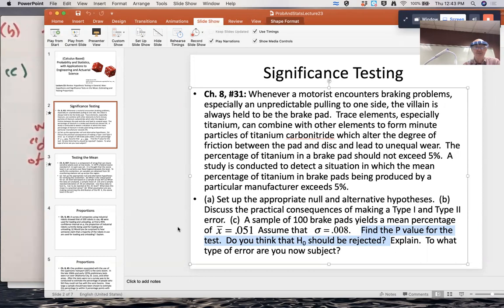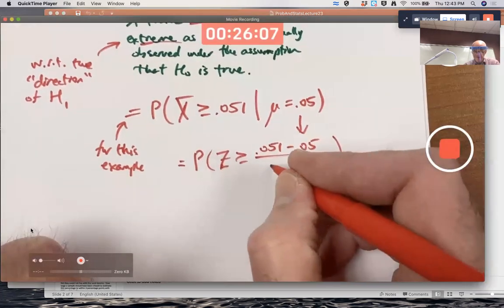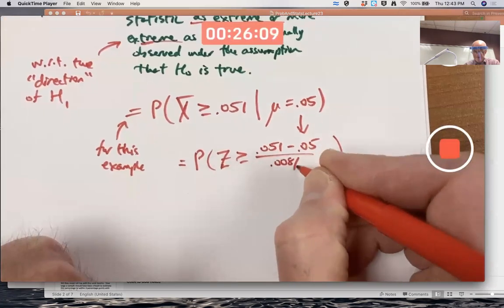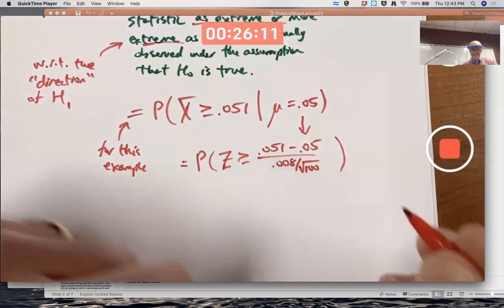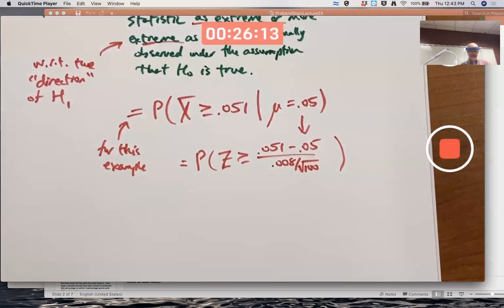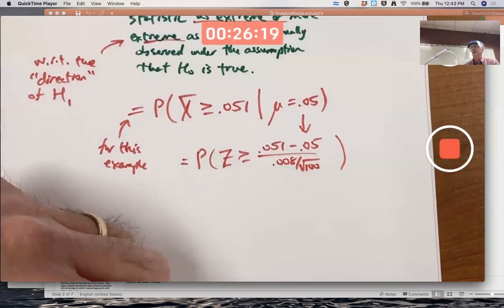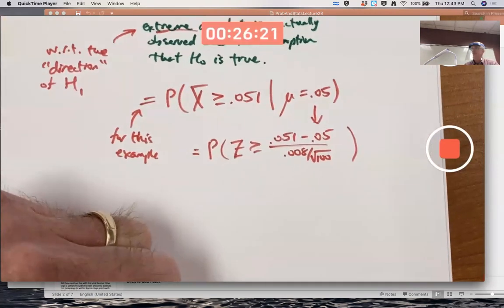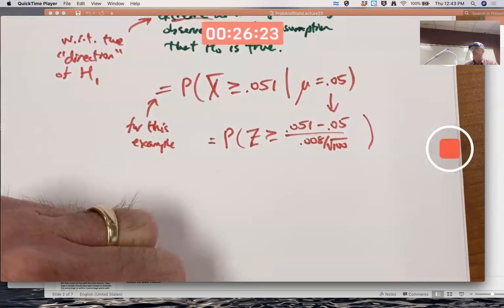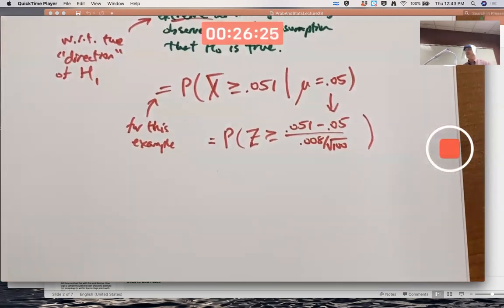Why? Well, what is that here? N is 100. That is sigma over square root of n. Why am I doing that? It's because of what the sampling distribution of X bar is. That's what I'm using implicitly here. I didn't say that until now.